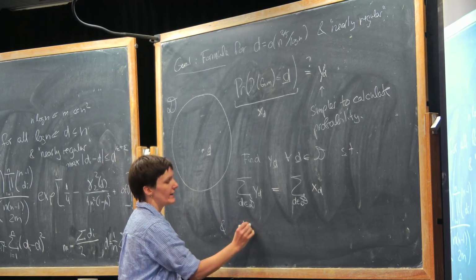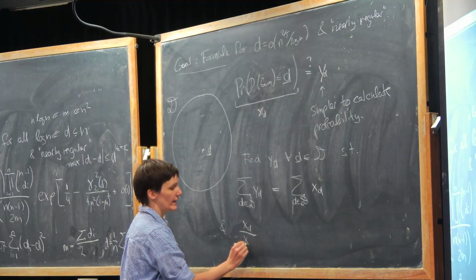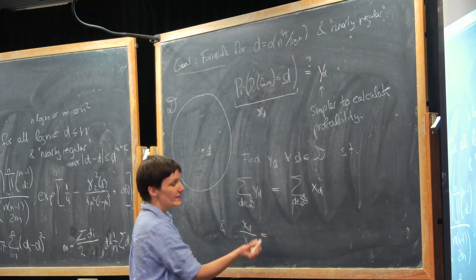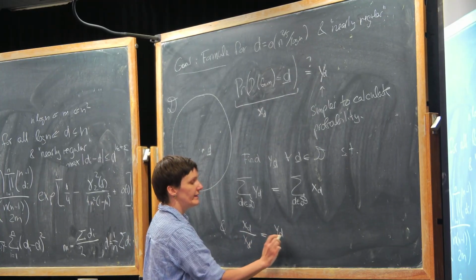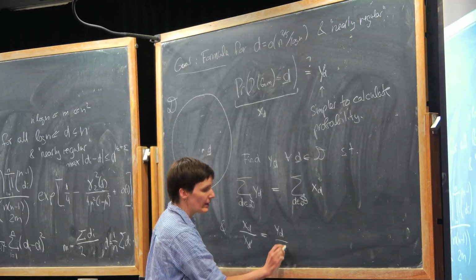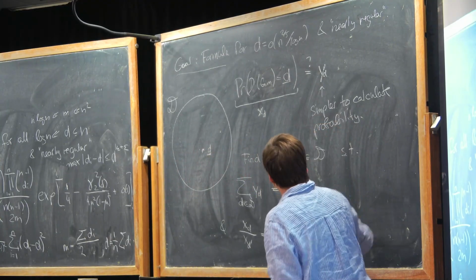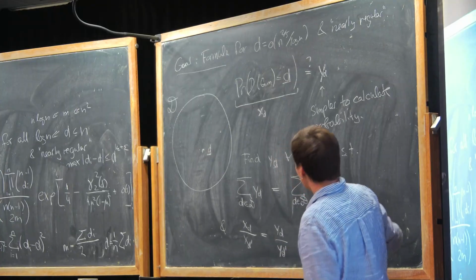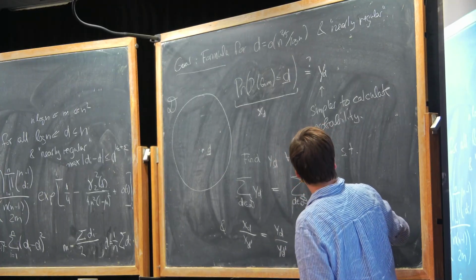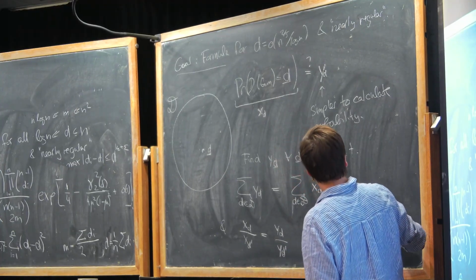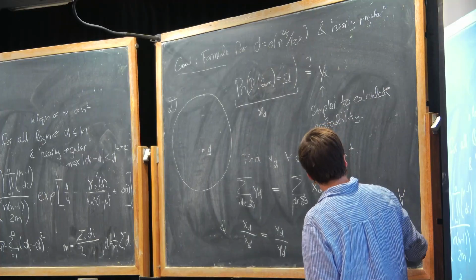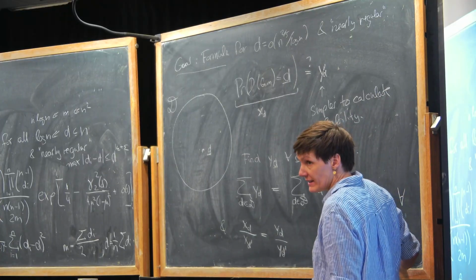So if I take X_D over X_D prime, that is equal to Y_D over Y_D prime. If I find that, then these two together imply that X_D must be equal to Y_D for all D in my set D.